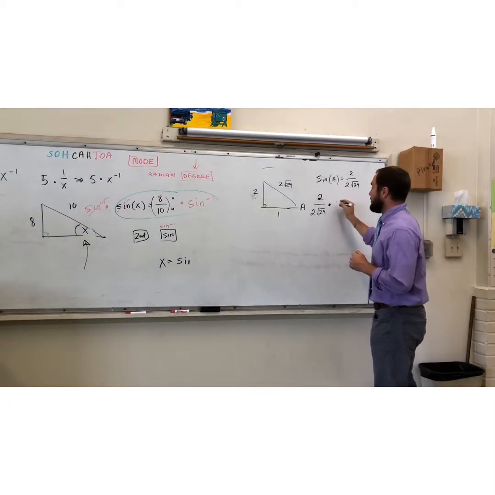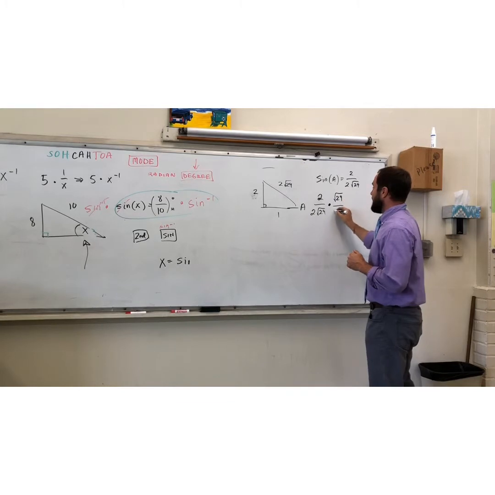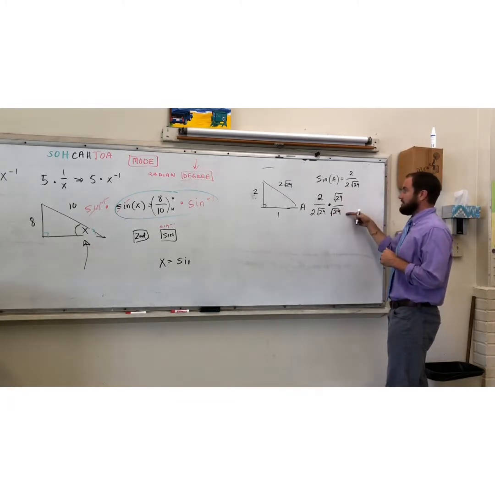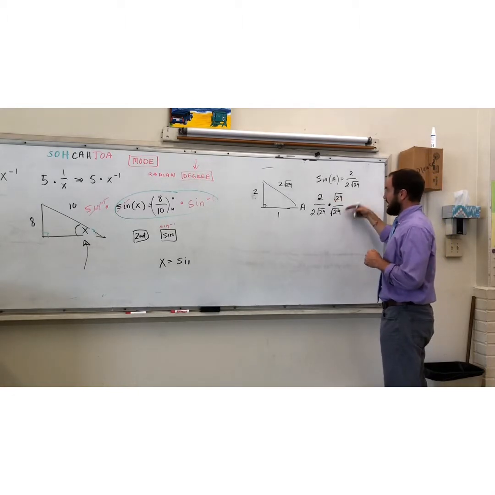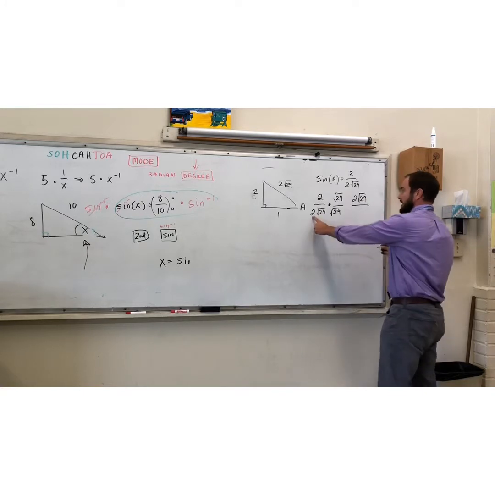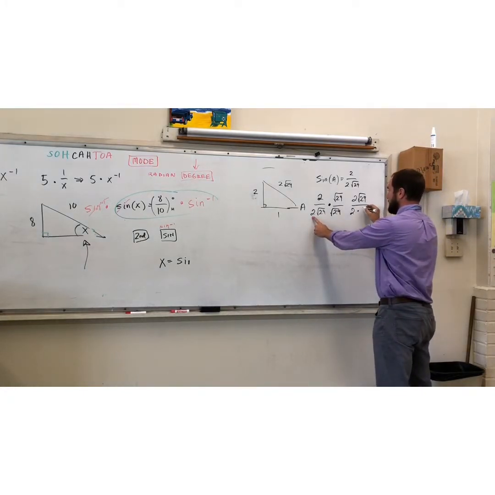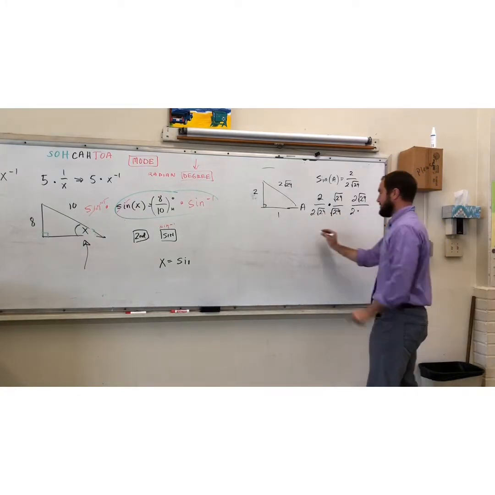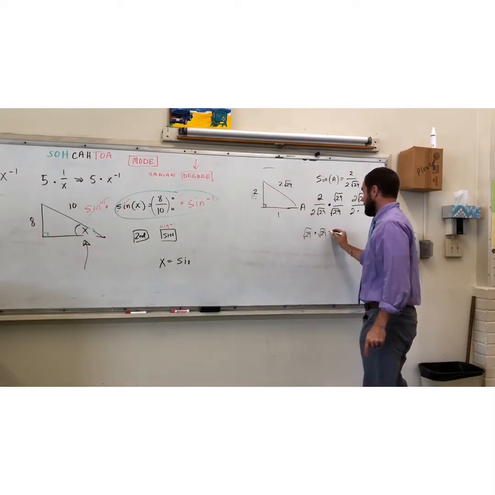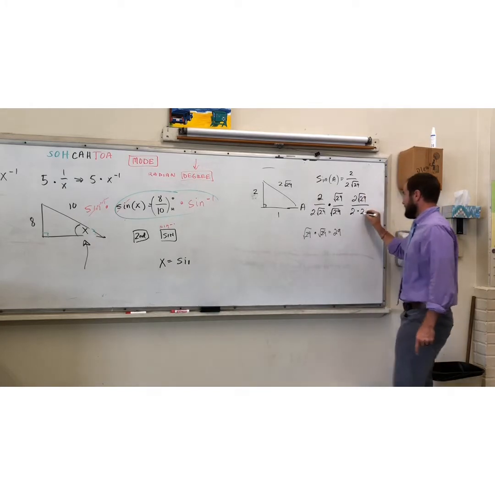Now remember from our 30, 60, 90, one way to get rid of that is to multiply this by its conjugate, which is just multiplying by 1, and you end up with 2 square root 29, and then 2 times 29. Now 29 times 29 is just, remember, just 29.